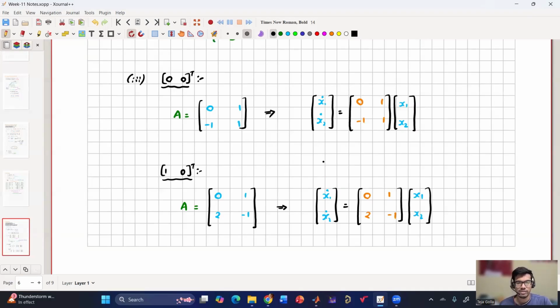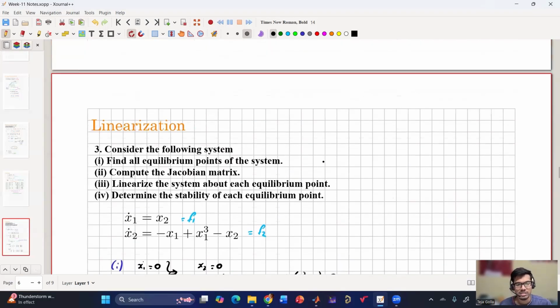Whereas in this case, the function is a nonlinear function of x1 and x2. So even if we do partial derivatives and linearize it, some of the terms of the A matrix are a function of the states x1 and x2. So the A matrix itself will change.